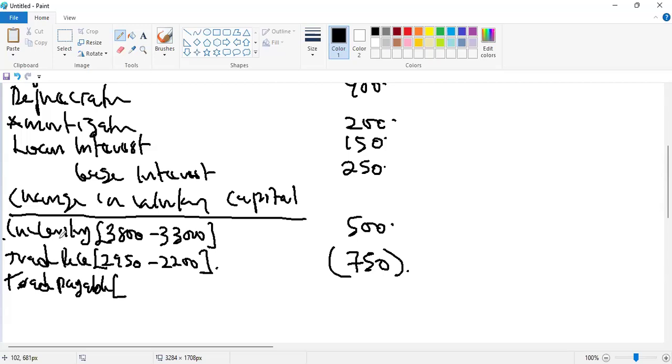So 2,650 minus 2,1. How much is that? What does it give us? Inflow of 550. Good. That's all.